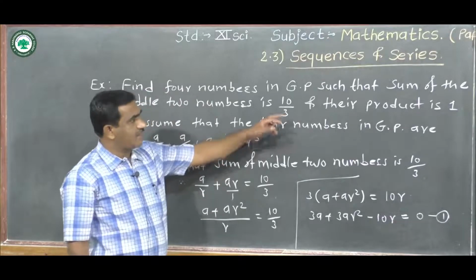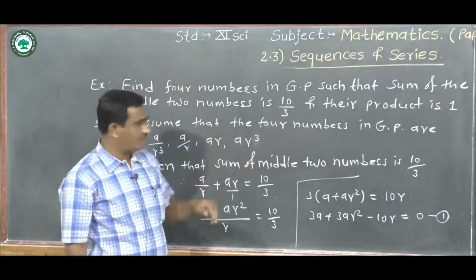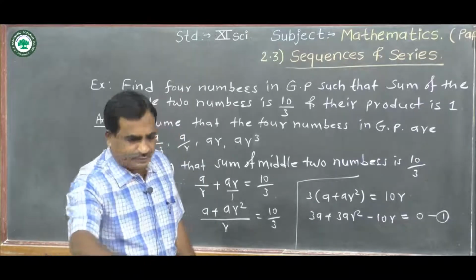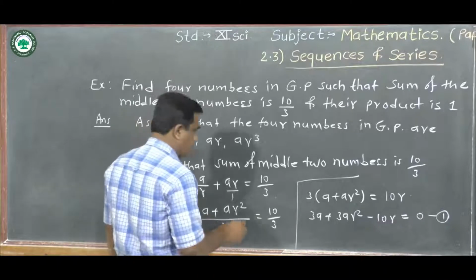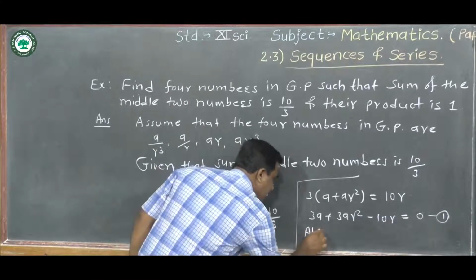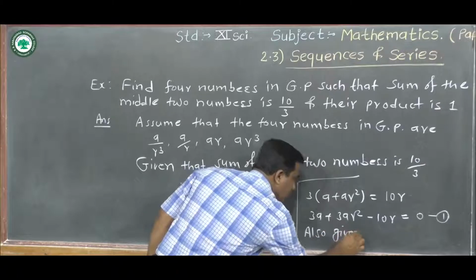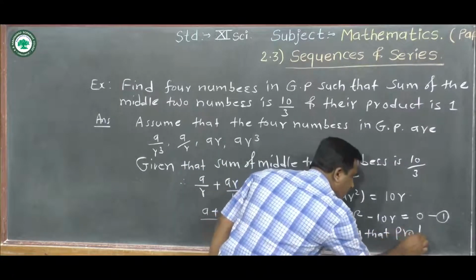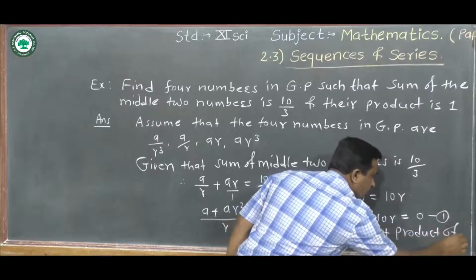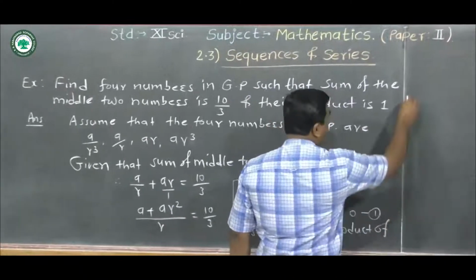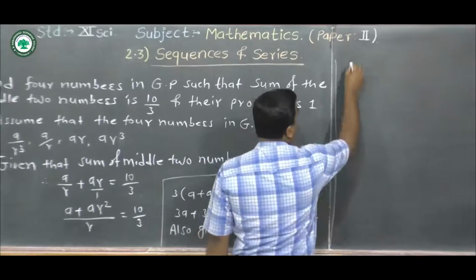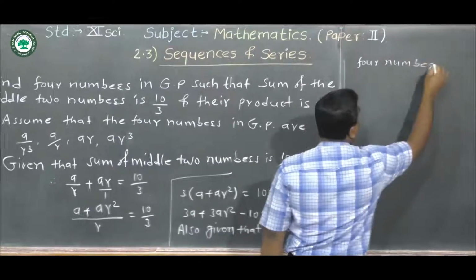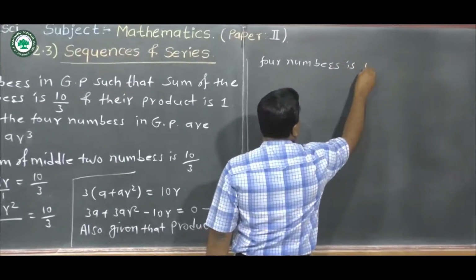Now the second condition: their product is 1, product of all four terms is equal to 1.